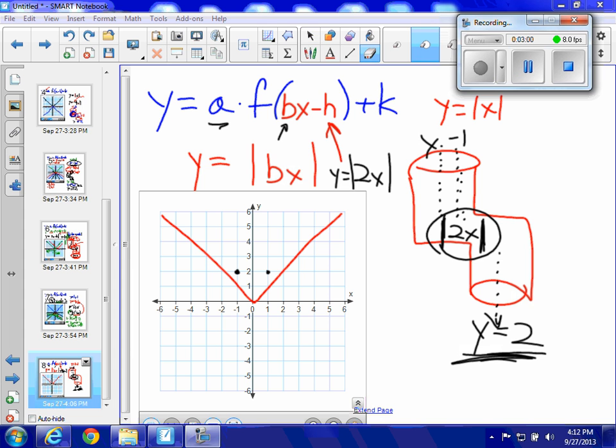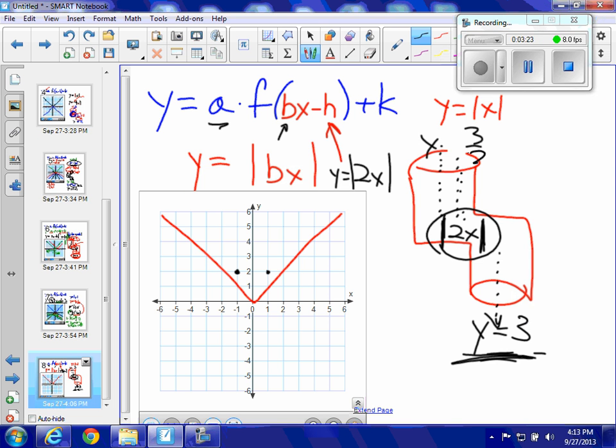What if I want to have a y value of 3? What number do I need to put in as x to get a y value of 3? Well, as I look at it, I need to put in x equals 3 halves, because 2 times 3 halves is equal to 3, and the absolute value of 3 is equal to 3.